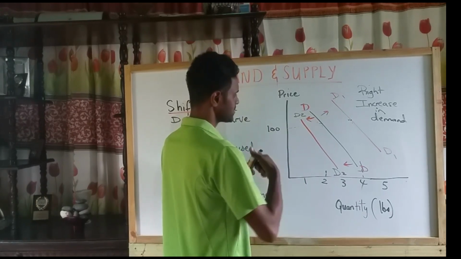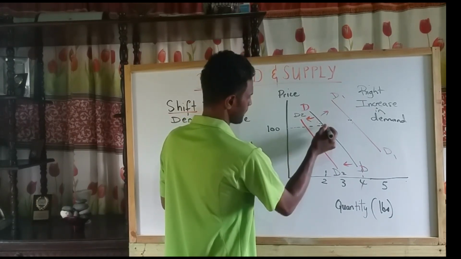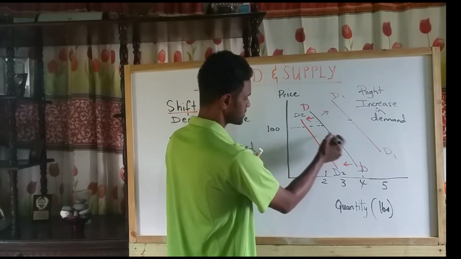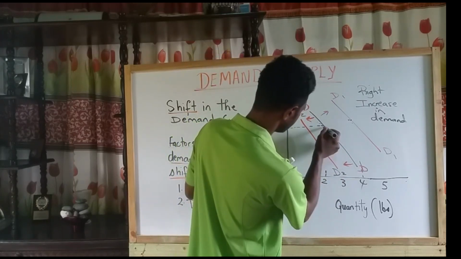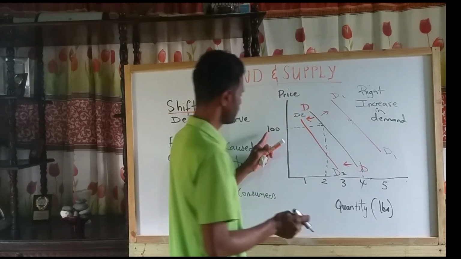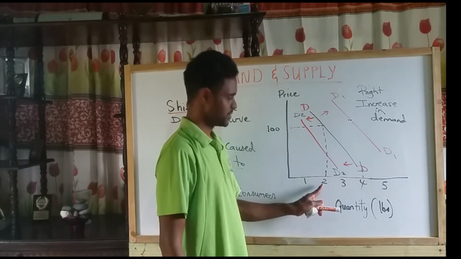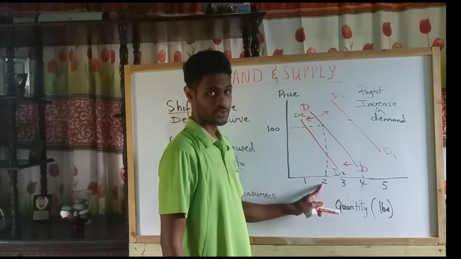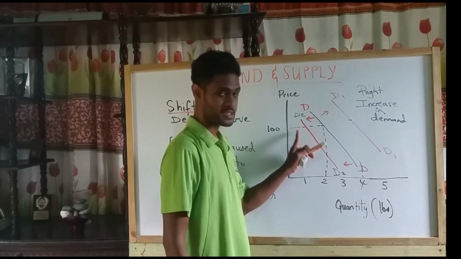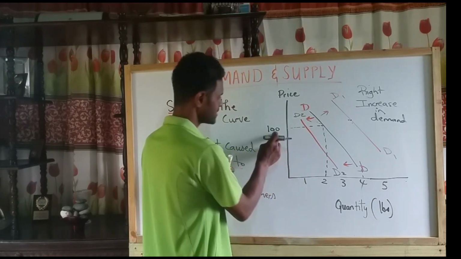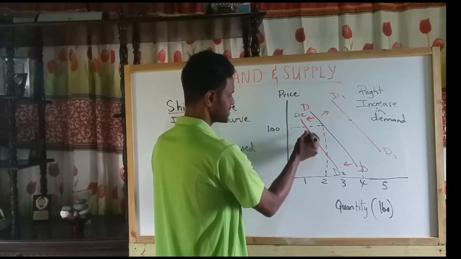Anyways, let's continue. So as I said, let's check back the original demand. When the price is at $100, the consumers were purchasing 2 pounds of lettuce. Now, if they have less income, let us check at the same price how much they will start purchasing.